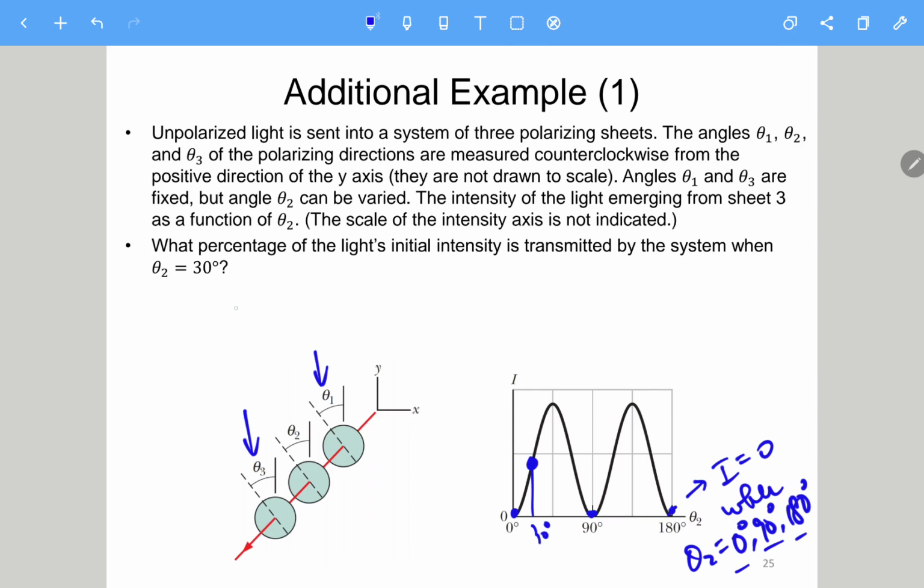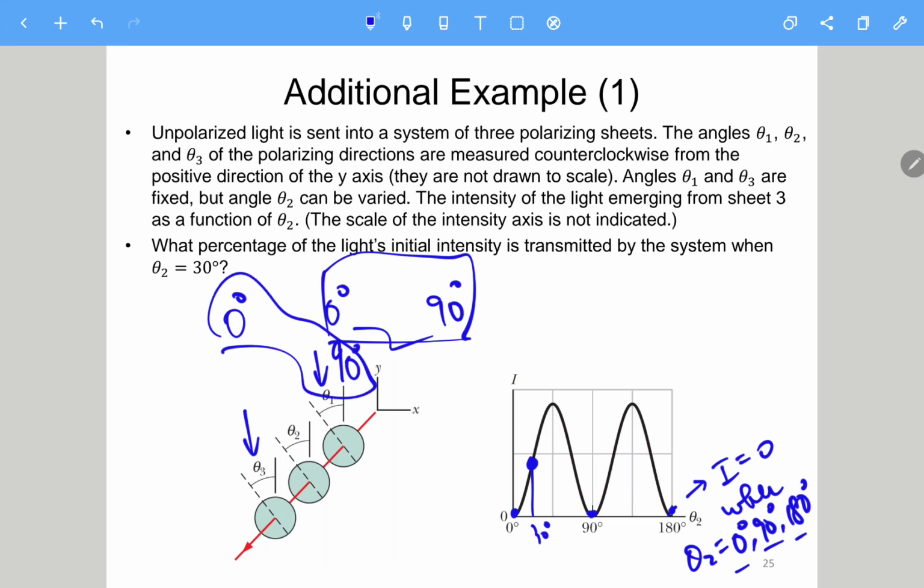Because you can imagine, if one of them is 0 degrees and one is 90 degrees, then if the middle one is also 0 degrees, the angle between the last two is 90 degrees. Cosine of 90 degrees is 0, so there is no way for light to go through. And 0 degrees and 180 degrees are actually the same, so we just ignore it. For 90 degrees, between these two it's 90 degrees, so there's no way to go through.